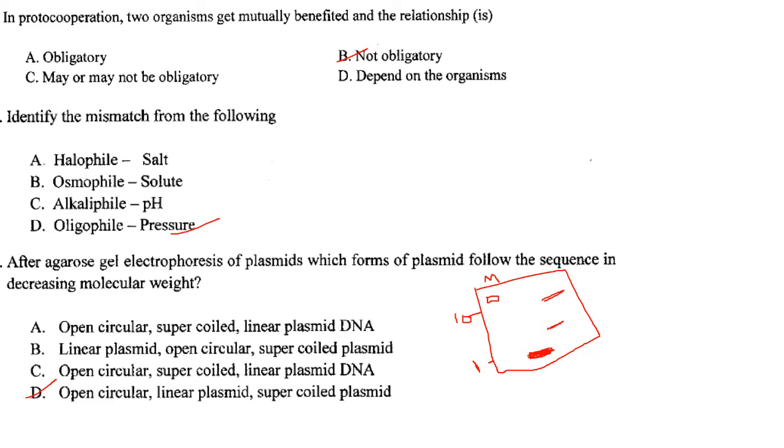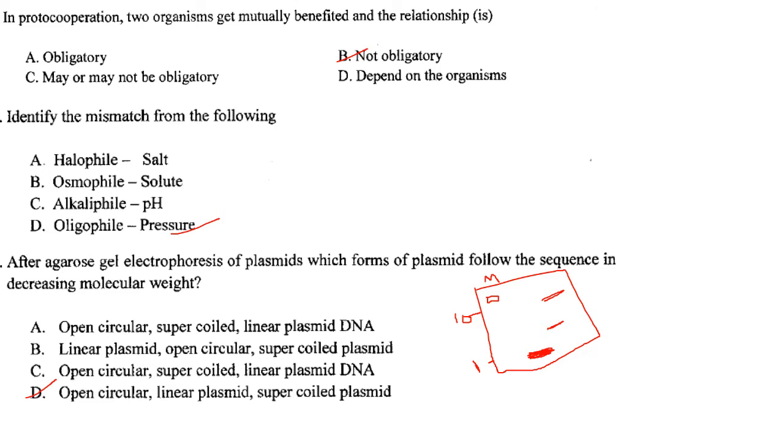So the marker here, it will be the maximum size of the marker, that is 10 kb if you are using a 10 kb marker, and the lowest will be around here, at the base of the gel, that is 1 kb. So now if you load a plasmid, where will the linear plasmid, open circular and supercoiled plasmid be? That is what they have asked.